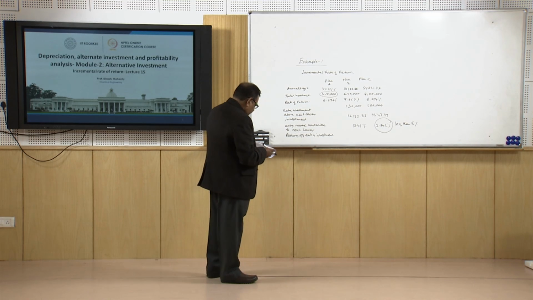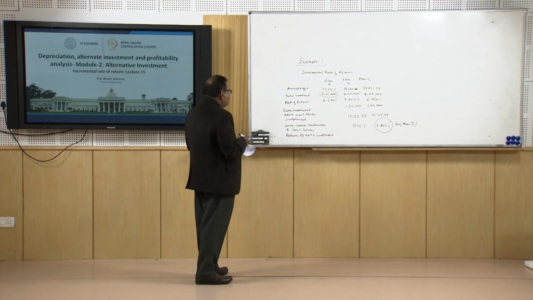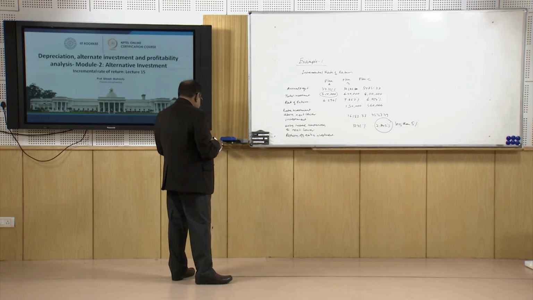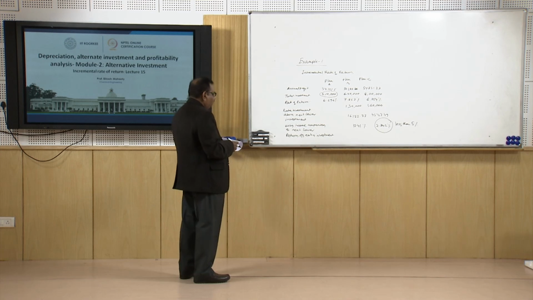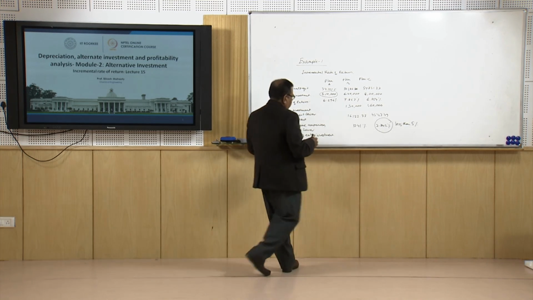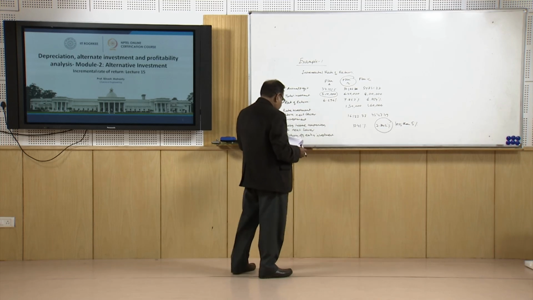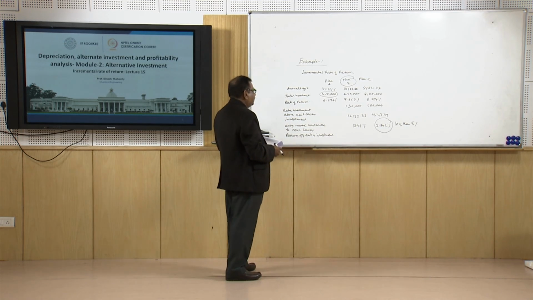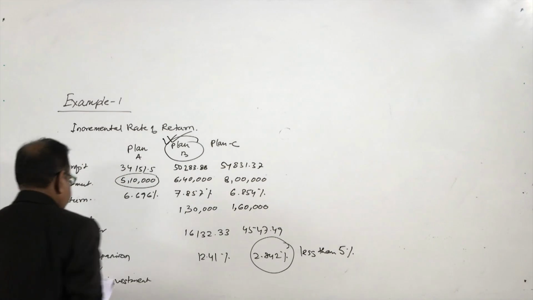So, what we see is that the incremental rate of return shows maximum return for plan B. This is the maximum return for plan B I am getting, and hence it should be selected. So, my selection will be plan B in this case.